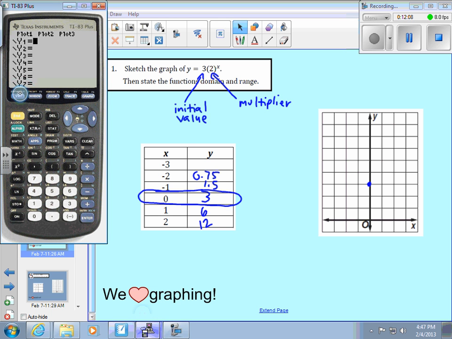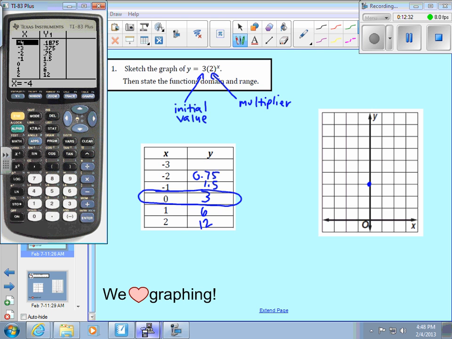So to graph it, remember, go to your y equals, type in the function, 3 parentheses, 2 to the power, and here's where you put your variable x. It's an exponential function. Hit graph, you can see what it looks like, and then if you hit second graph, you can see the table. So scrolling up here, we can see the values. For -3, it's going to be about 0.375.